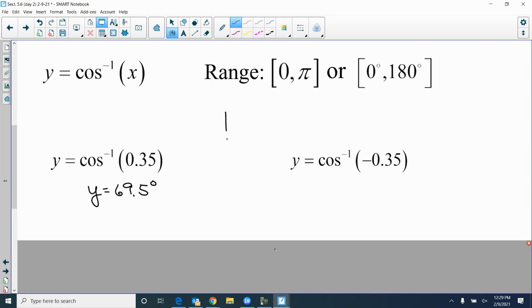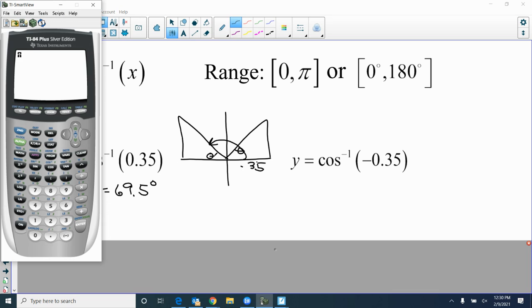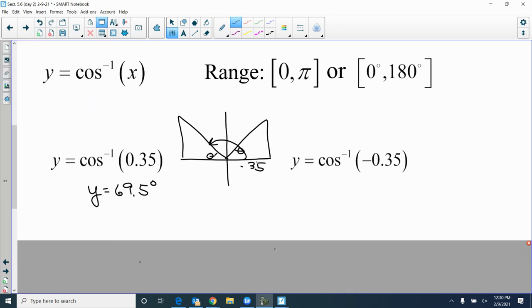Here's my angle, and that is 0.35. This angle is going to be exactly the same as that angle. If you take 180 minus that, that'll give you your answer. Same thing here though. If I do hit inverse cosine, negative 0.35, I get 110.5, which would be 180 minus that.